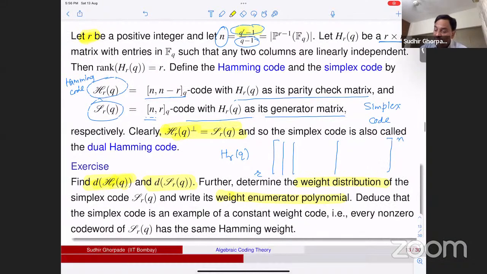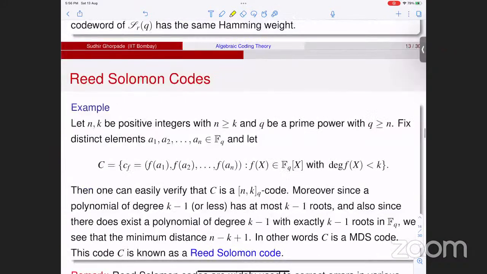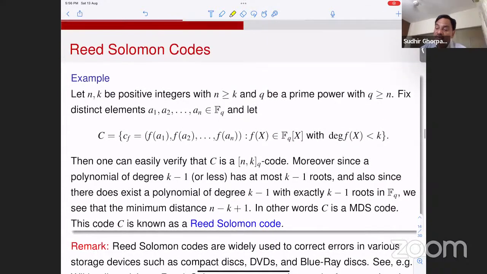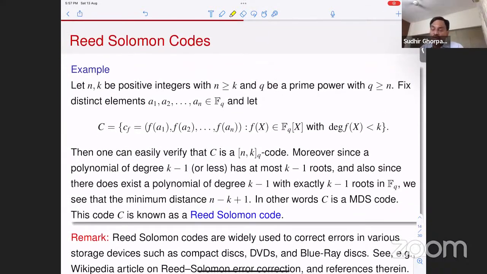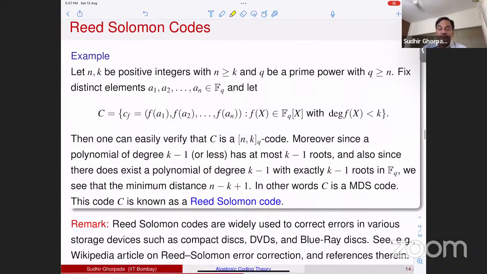So let me proceed and give you one more very nice and very widely used class of codes. Example number 3 is that of Reed-Solomon codes. These are named after Irving Reed and Gustave Solomon, who introduced them many years ago, I think in the 60s or so.